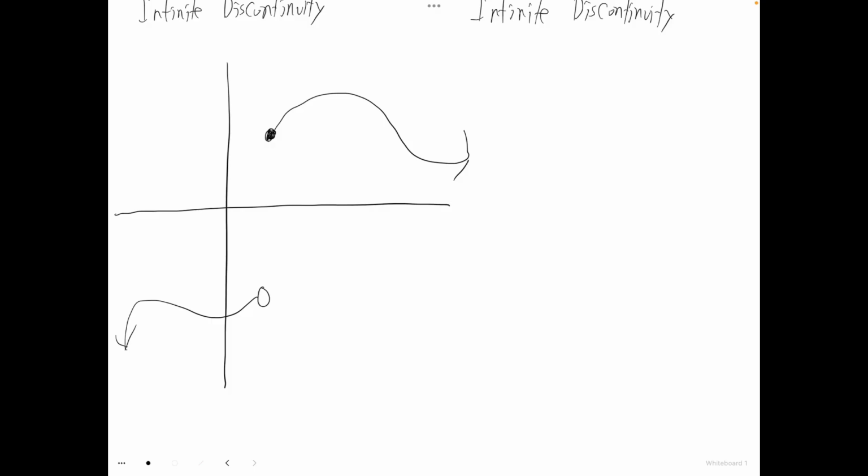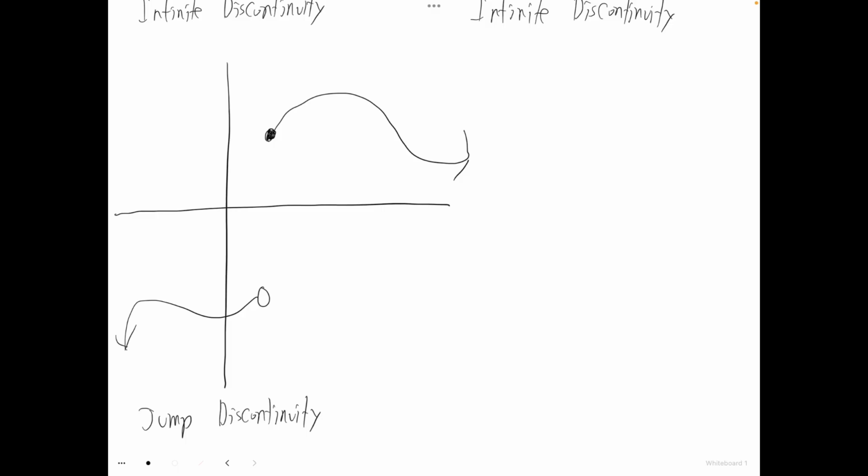And so this is called a jump discontinuity. And so in jump discontinuities, we have jumped values, basically. We were doing something along the bottom, and then all of a sudden we jumped to another value.